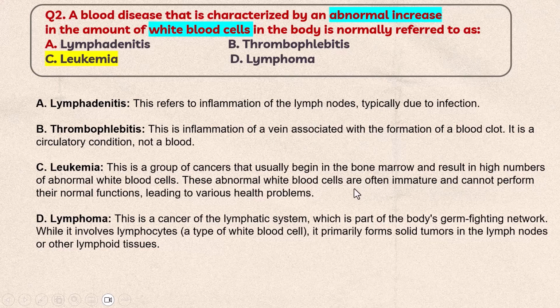These abnormal blood cells are often immature and cannot perform their normal functions, leading to various health problems. When you take lymphoma, this is a cancer of the lymphatic system, which is a part of the body's germ-fighting network. While it involves lymphocytes, a type of white blood cell, it primarily forms solid tumors in the lymph nodes or other lymphoid tissues. So here the correct answer is answer C, leukemia.